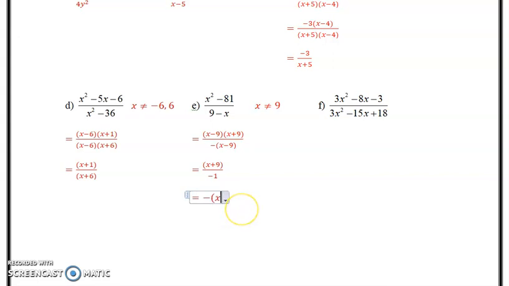So it'd be negative bracket x plus 9. And some people need to bring that further. Say that it's negative x, and that's fine. Either one is minus bracket x plus 9, but it's the same thing. It's fine. Okay?